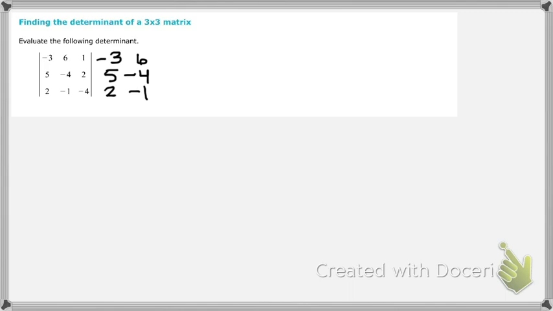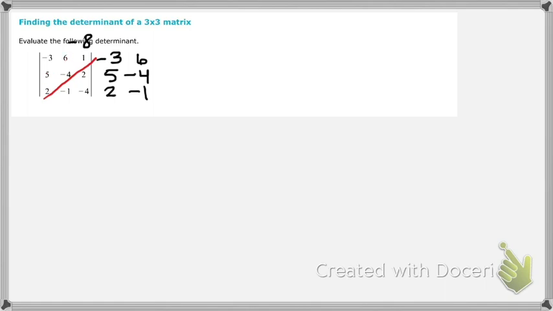I'm going to go on this diagonal and I'm going to do the product. So that's going to be 2 times -4 times 1. So the product on that diagonal is -8. And then I'm going to go on the next diagonal. And I only go on diagonals where I have 3 numbers, so I'm not going to do 5 times 6.